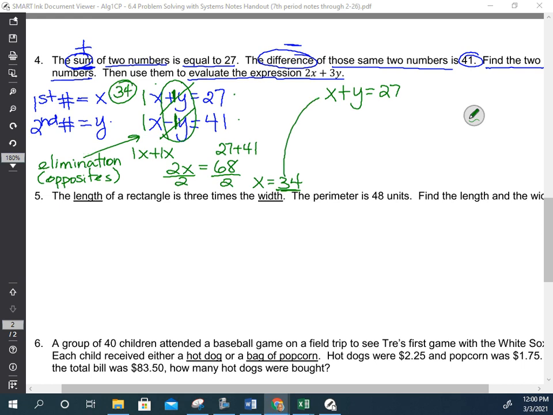Take 34, plug it in for x. That means we have to get y by itself. Subtract 34 on both sides. And you get negative 7.